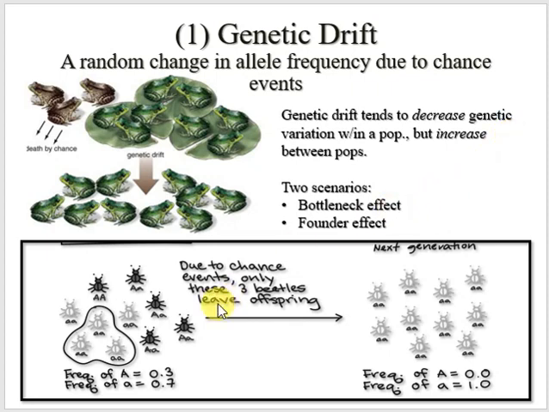As shown here, this event has left only these three individuals. And those three individuals are all homozygous recessive, right? So that's going to go on to influence the next generation.